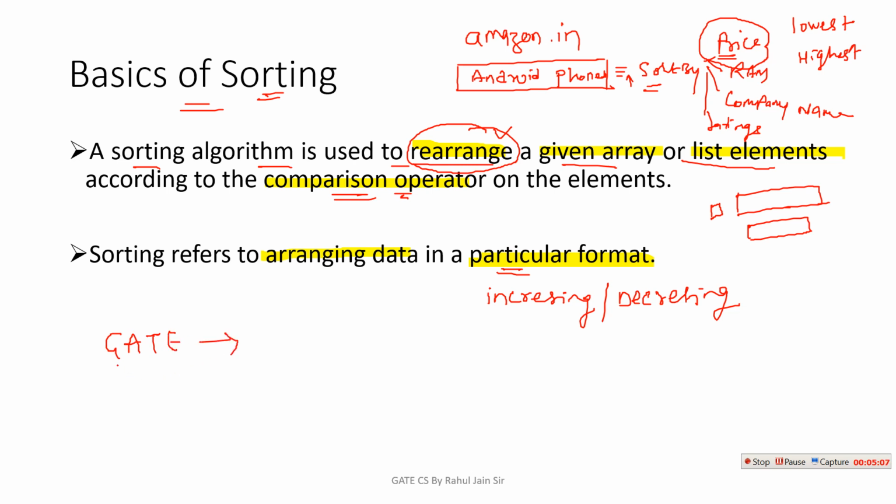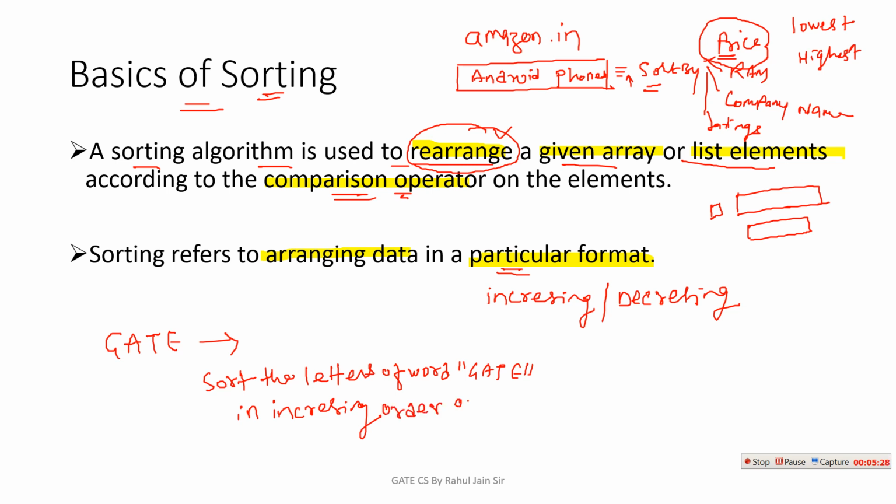Now I am saying sort the letters of the word GET in increasing order of their ASCII value, in increasing order of their ASCII value.